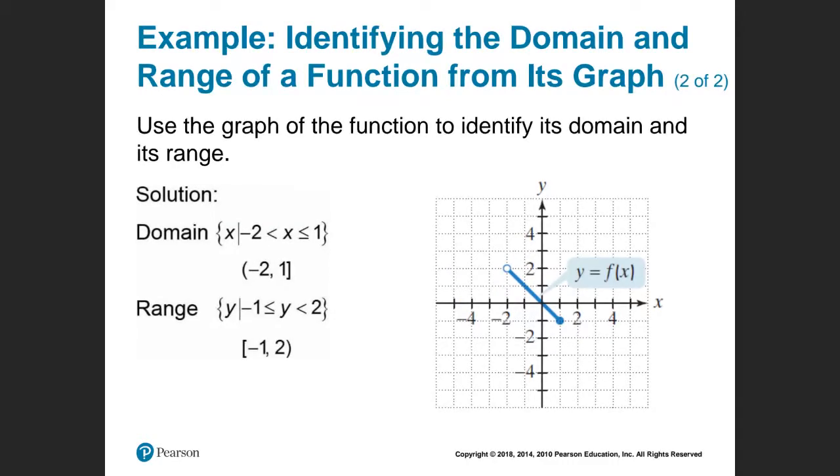Now, the next one. Use the graph of the function to identify its domain and its range. Remember, domain is x. Look at x from this one to this one, from -2 to 1. But this is open.